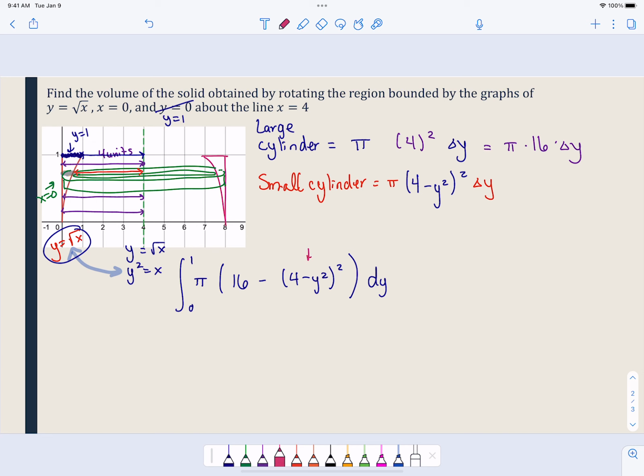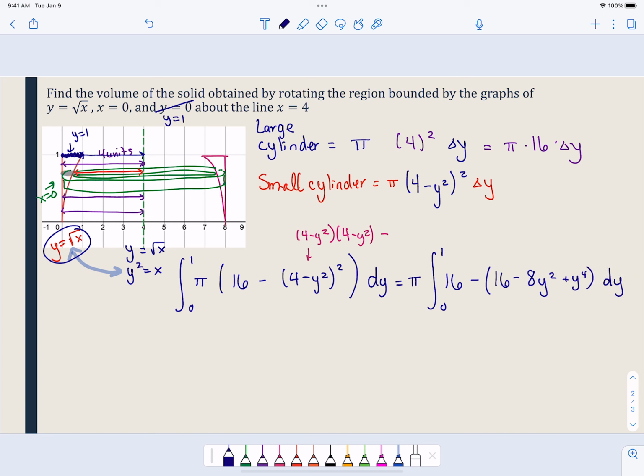As always, we have to FOIL this out. This is something you're going to do a lot in volumes. Let's bring the pi out, with 0 to 1, and we have 16. We also have to be careful to subtract all of this FOILed out polynomial.